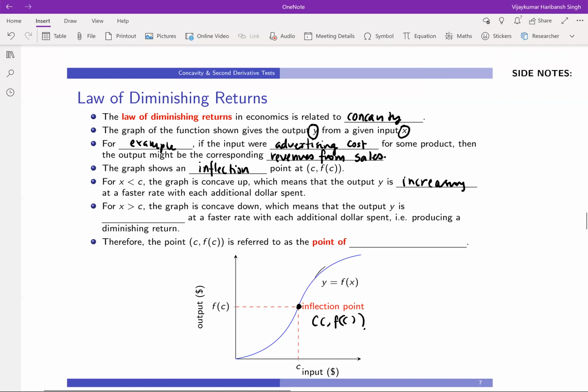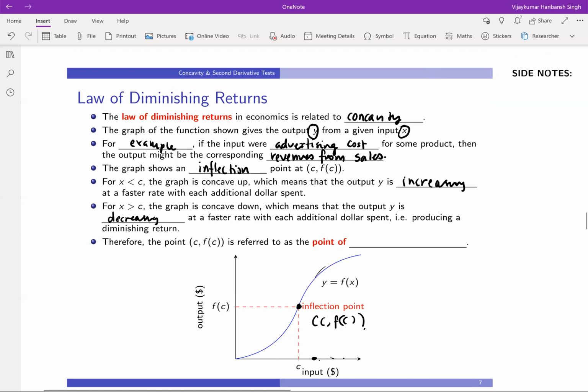Similarly, for x greater than C, somewhere here, as you see, the graph is concave down, which means the output y is increasing at a decreasing rate with each additional dollar spent, producing a diminishing return.